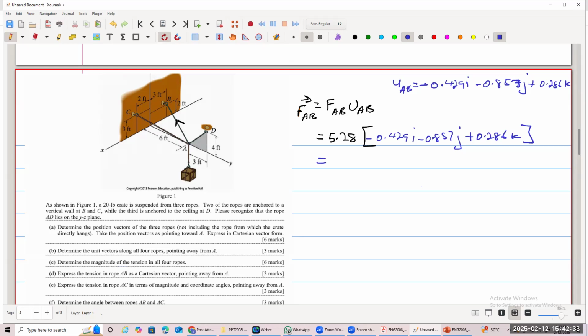So it is minus 2.264 I, of course. What's the next quantity? You get what? Minus 4.525 J, or whatever you get.